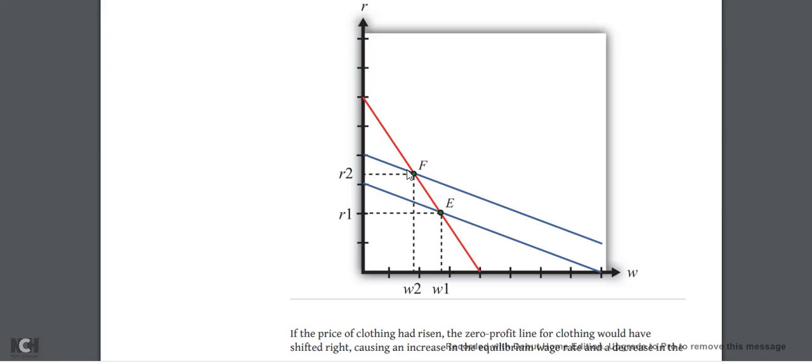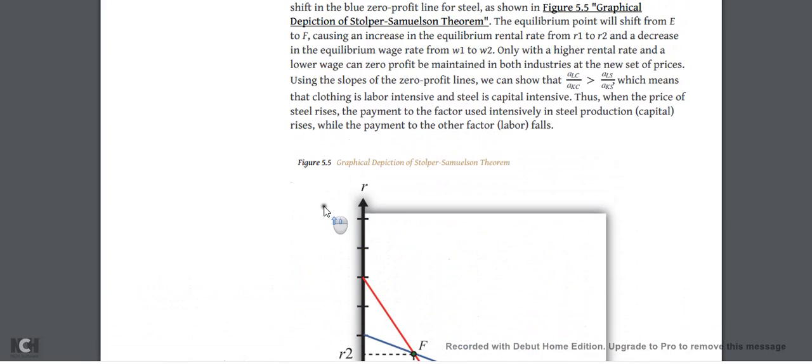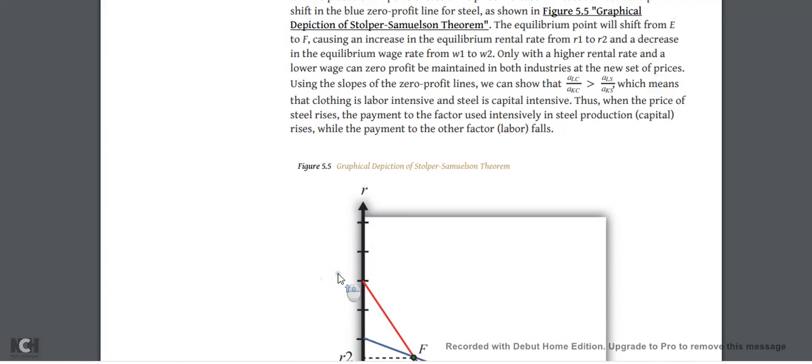As you know, in the production of steel, capital is used, more utilization of capital, so there is more demand for capital for producing more steel. So this will obviously give rise to more demand for capital at a higher rate. The cost of production of steel will also increase from R1 to R2. So this is what has been depicted in this graph.